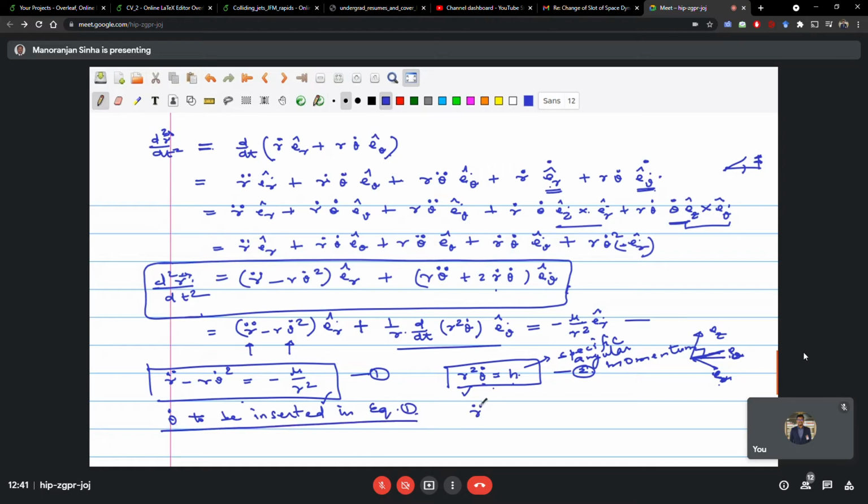And that yields... so these two equations are combined into one equation.